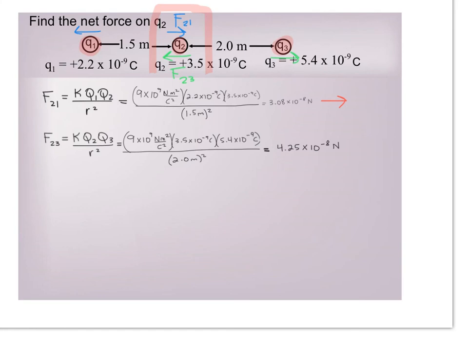So the amount of force that charge 2 is feeling due to charge 3 is 4.25 times 10 to the negative 8 newtons, and that's going to be to the left.